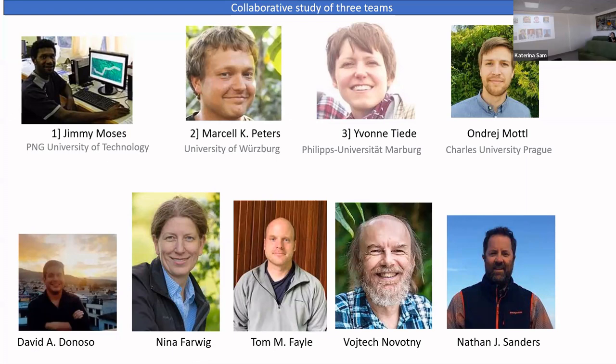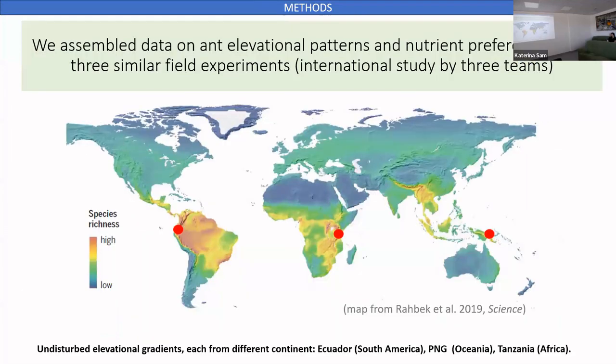The initial idea of this nutrient use by ants was introduced quite a while ago by Nate Sanders, who sometimes calls this protocol an ant picnic because the ants go to a picnic when we put the bait and they use the nutrients. This is the area of the three mountains.